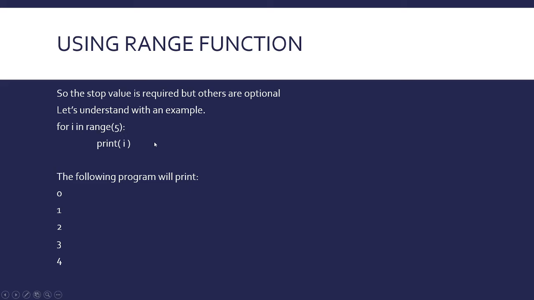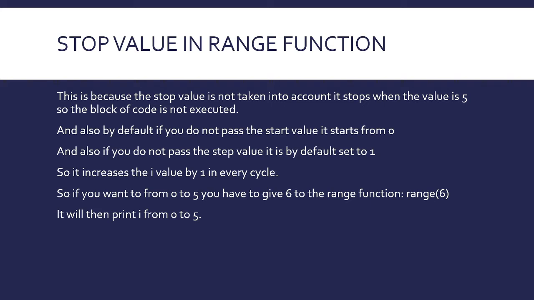Let's see some more examples, and some more slides about the stop value. The stop value isn't taken into account. It stops when the value is reached, so the block of code for that value is not executed.